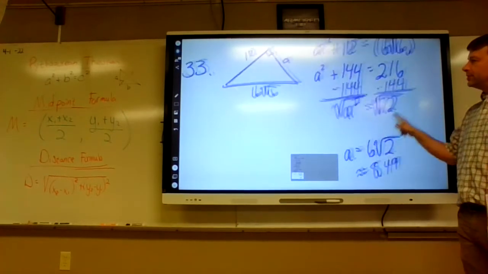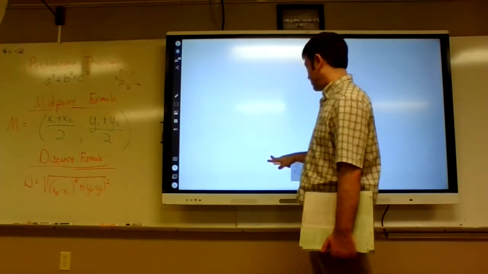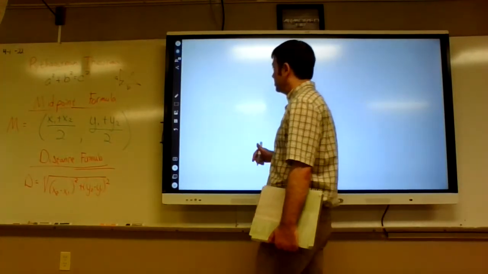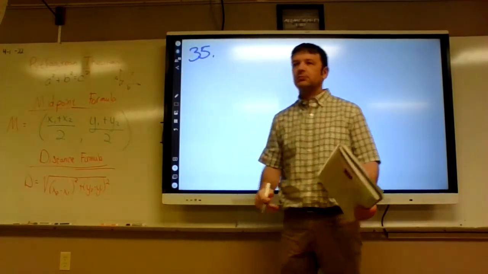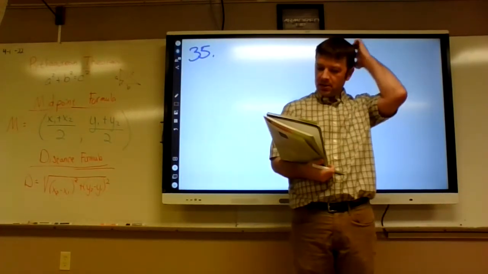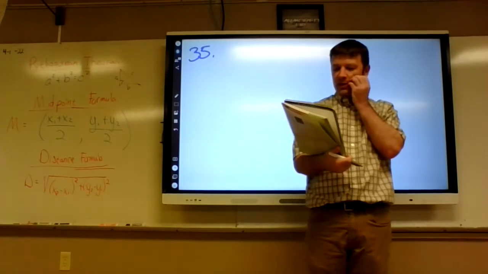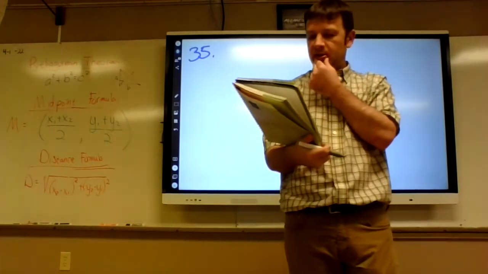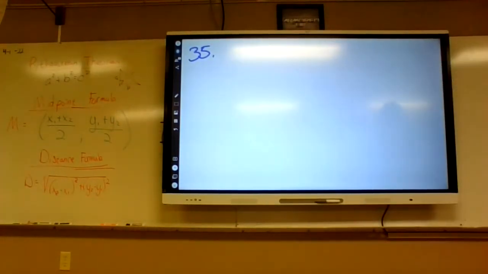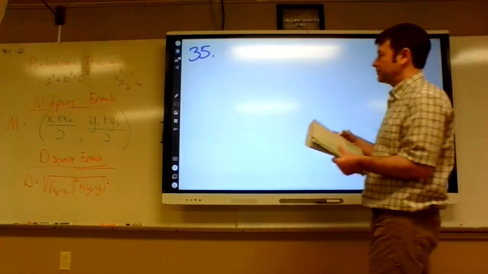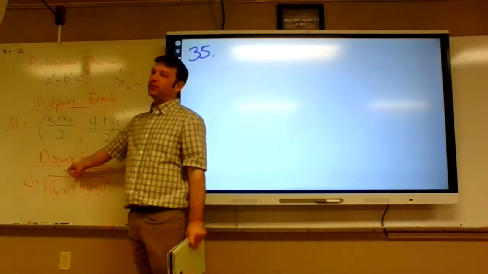Okay, that was 33, so we're on 35. Find the distance between the given pairs of points. Okay, how do we find the distance between 2 points like that on the graph? The distance formula.